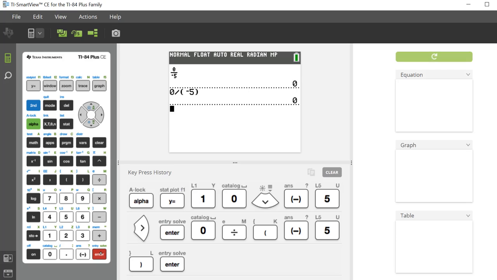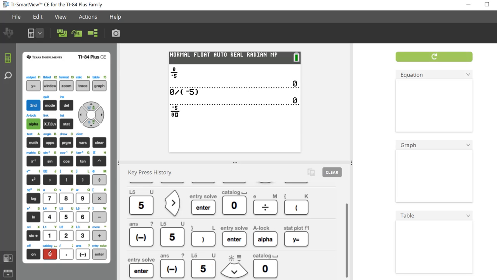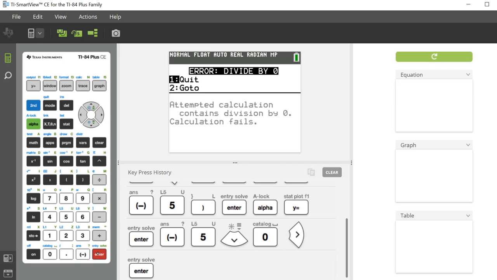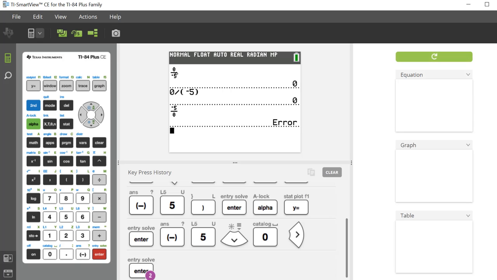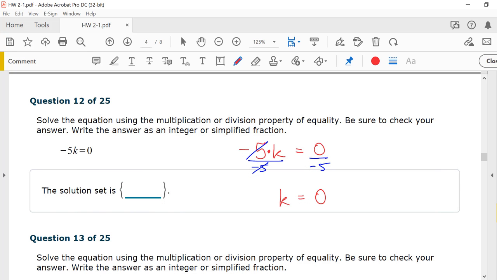If 0 is on the top in the numerator of the fraction, the whole thing is equal to 0. If 0 is in the denominator, for example, negative 5 divided by 0, watch what happens. You can't do it. It tells you there's an error. You can't divide by 0. But our problem was 0 divided by negative 5, which is 0.